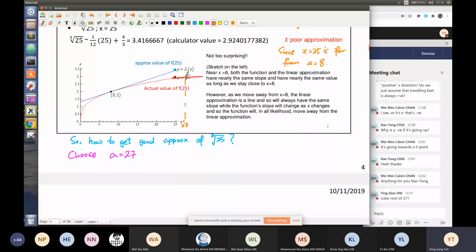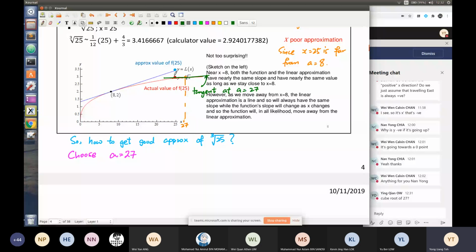If you draw the tangent line at this point, it's going to be a very good approximation. Let me draw another tangent line. You can see, this is my tangent at a equals 27. Obviously, this tangent is going to be a very good approximation, as you can see here. It almost intersects the actual value for the cube root of 25.